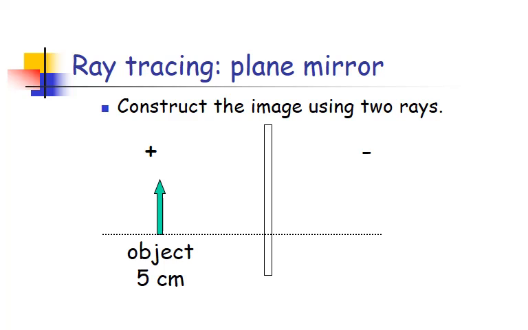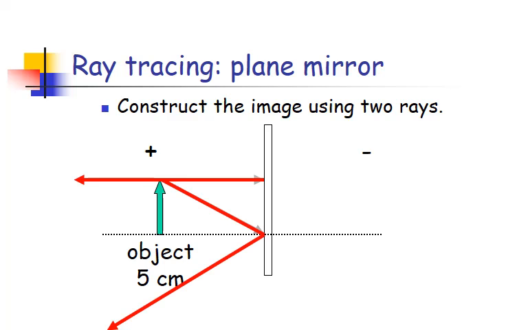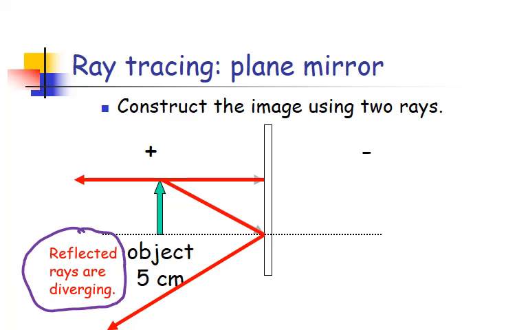So let's go ahead and draw light coming from the object, bounces straight back. Then we can draw one going towards the normal line, which will then bounce down like that. And what the rays are doing is they're diverging, and you're going to want to write that out after you draw it. So it bounces back, and it goes down like this. So these two rays are diverging.